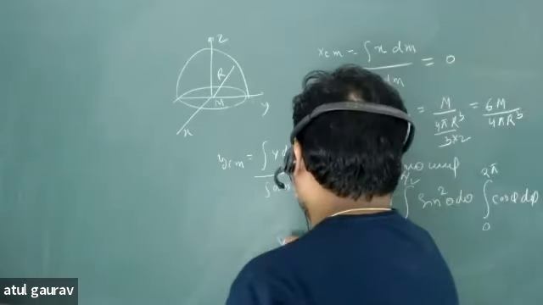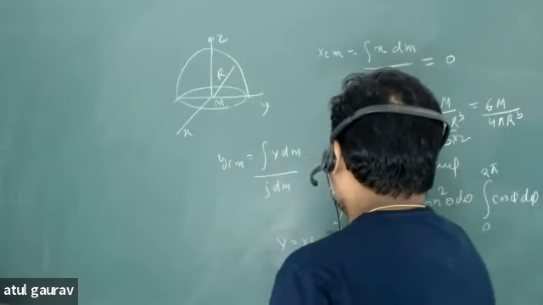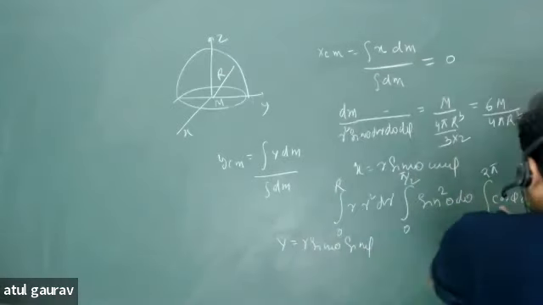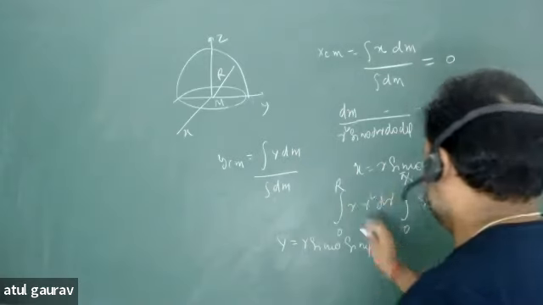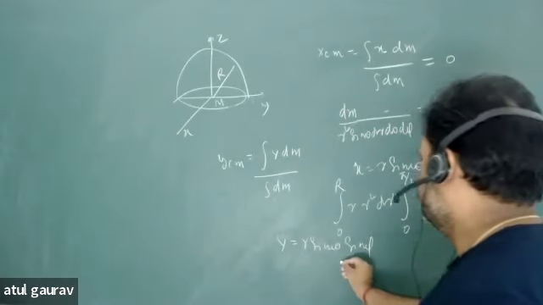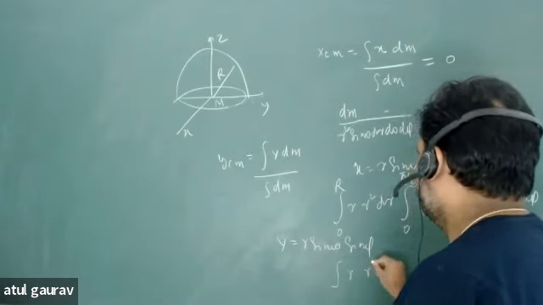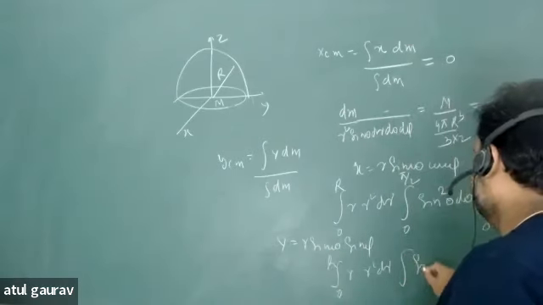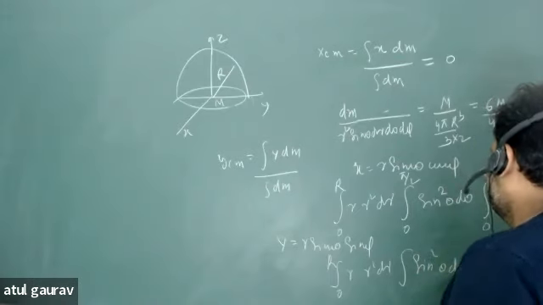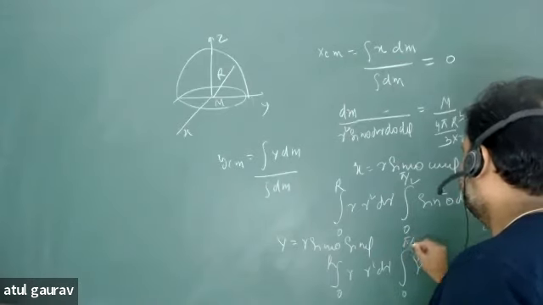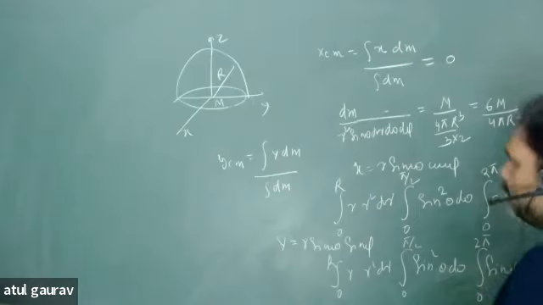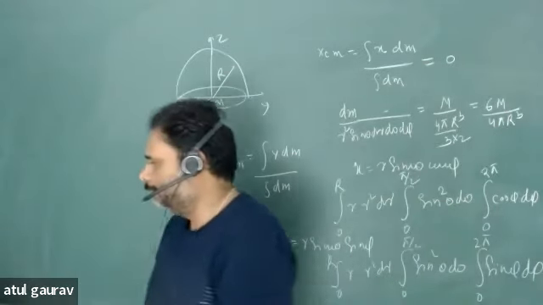Y is equal to r sin theta sin phi. Again, if you go for this particular integration, the first term will remain the same, the second term will remain the same. The first term will be r into r square dr, 0 to capital R. The second term will obviously be sine square theta d theta, 0 to pi by 2. What about the third term? The third term is sine phi d phi, 0 to 2 pi, and this term is also 0, isn't it?